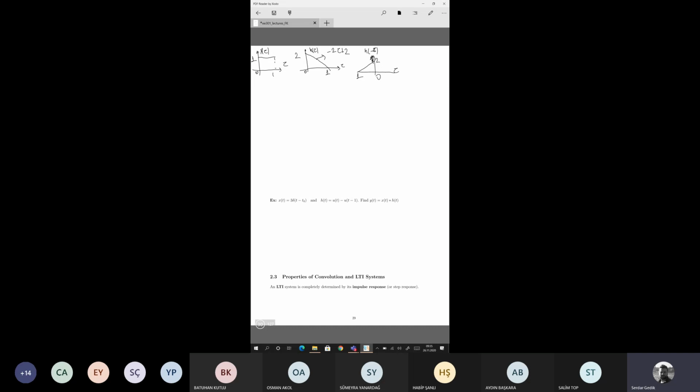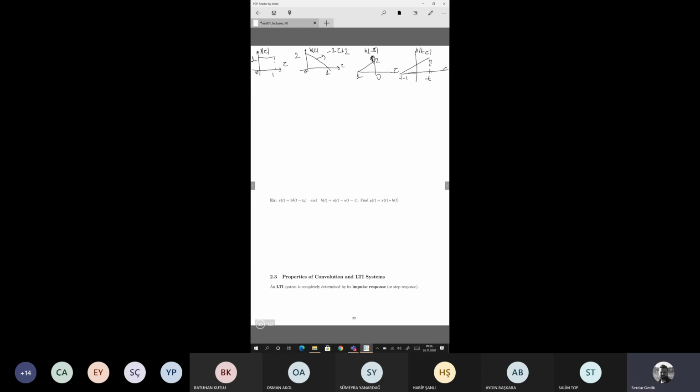So what about h of t minus tau? This is tau here. So it is simple. This is t here, and this is t minus 1 here.